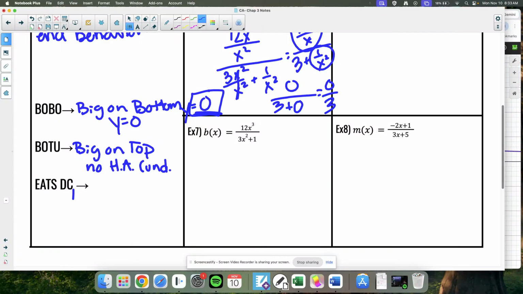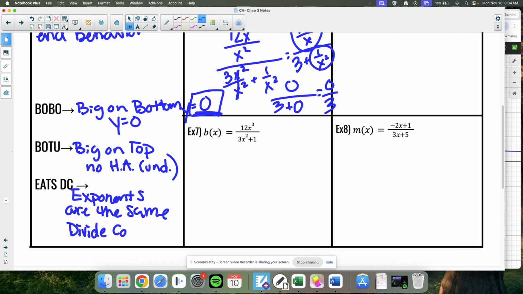You'll also sometimes see it just written as undefined, but there's no horizontal asymptote. And then the last one, if your exponents are the same, you divide your coefficients. And it's the leading coefficients.